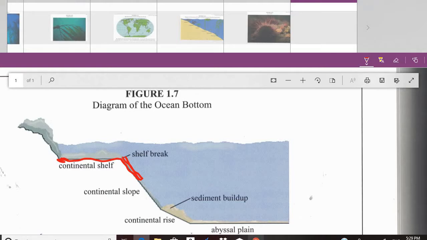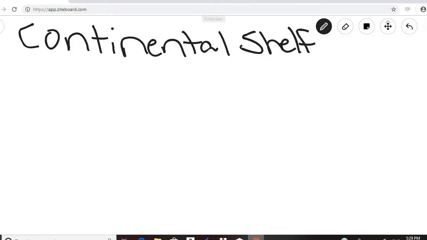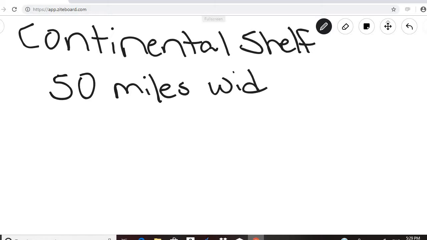This area generally averages about 50 miles in width, in terms of how far out in the ocean it goes.